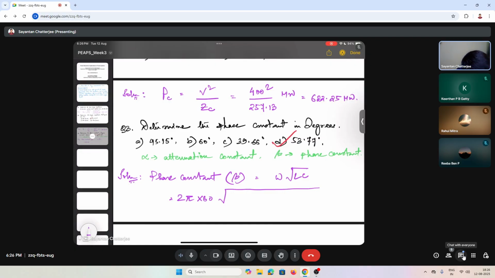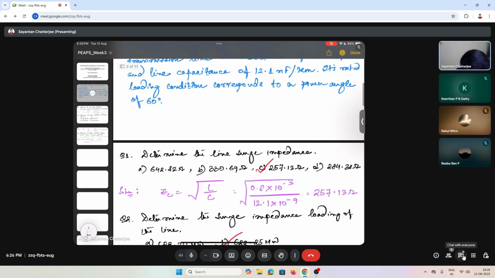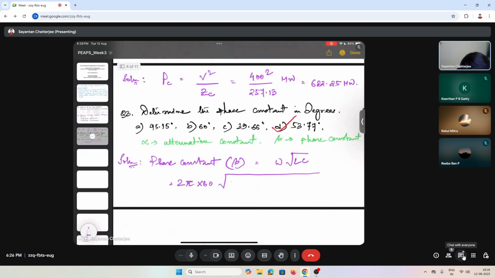The value of L was 0.8 into 10 to the power minus 3, and C is 12.1 nanofarad, 10 to the power minus 9. The answer is required in degrees. If you solve this value, you will get the value in radians per kilometer.